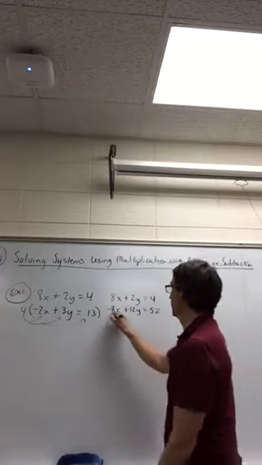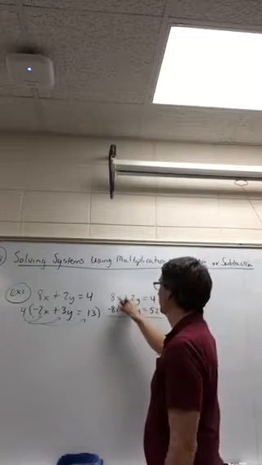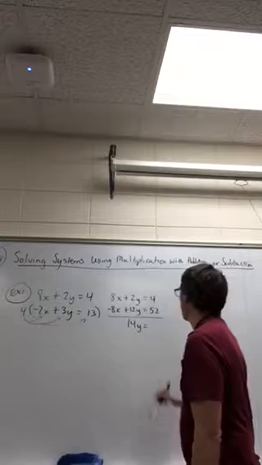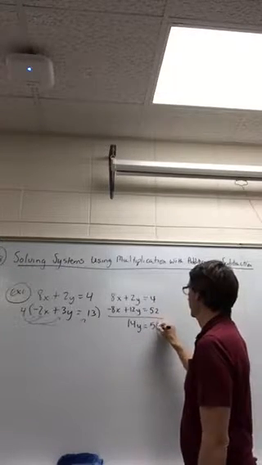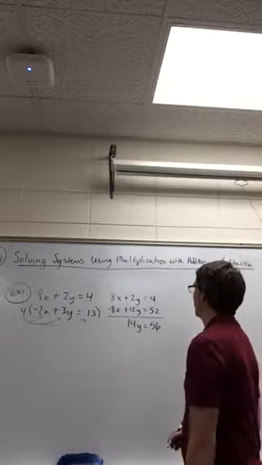And at this point, now we can add down just like we did yesterday. The x's are going to go away, so I'm left with 14y equals, and I add down here, I get 56, and now the solving is no different than what we did yesterday.